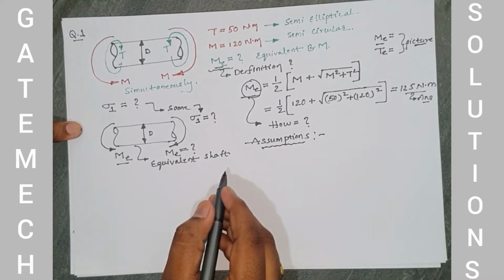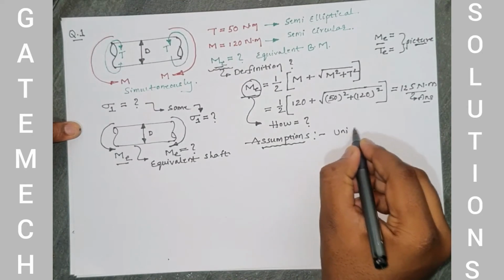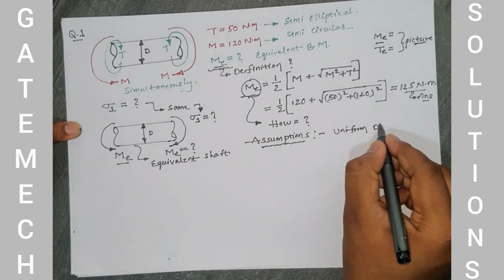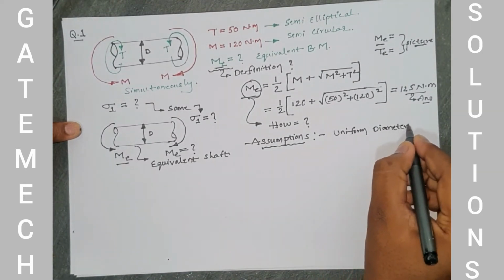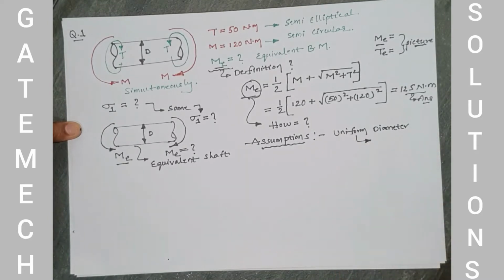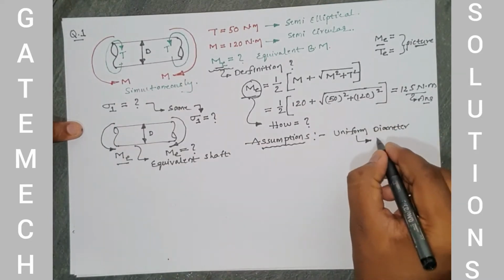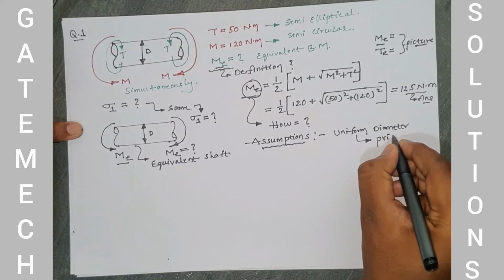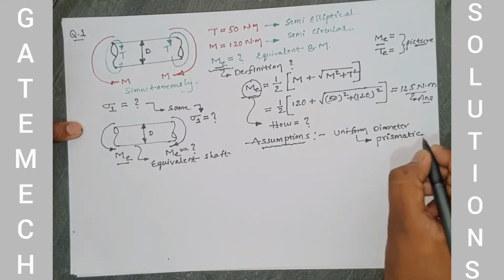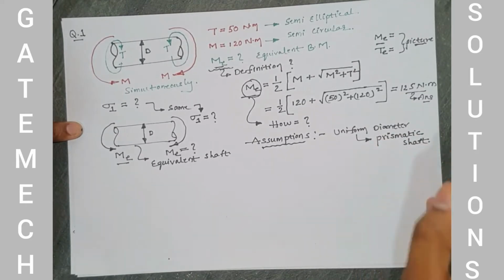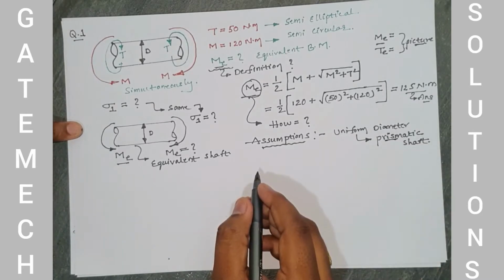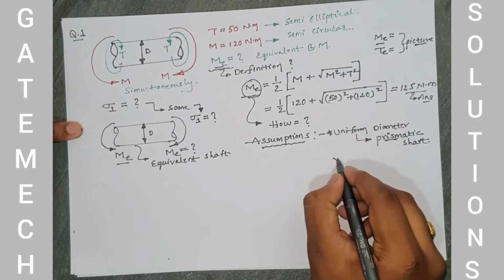Here the assumptions are the shaft should be made up of uniform diameter. They haven't given it in the problem, but you need to assume the shaft is of uniform diameter. If it is having uniform diameter, then that can be called a prismatic bar or prismatic shaft. This term is very important. In another way, one more assumption we can take.